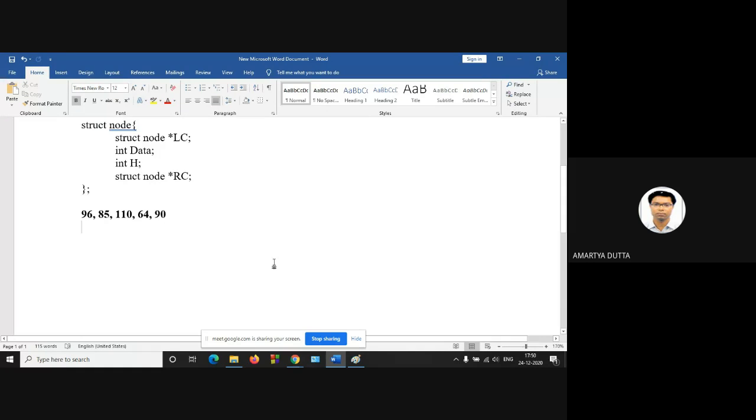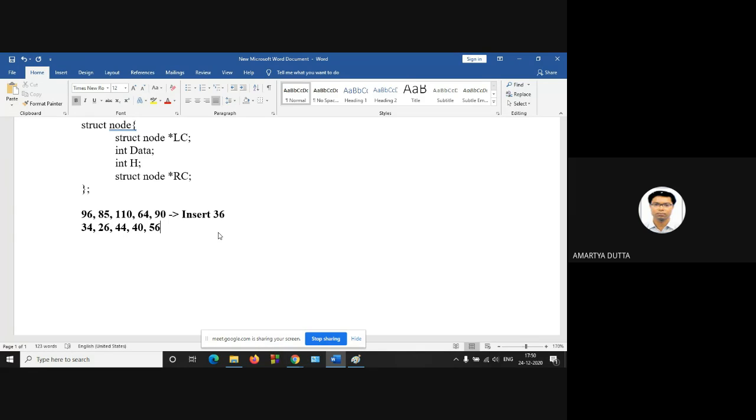Here, insert 36. Now let the nodes be 34, 26, 44, 40.